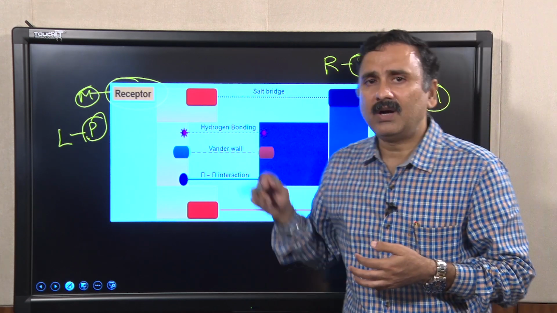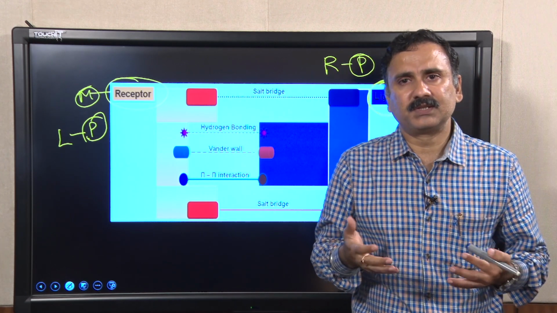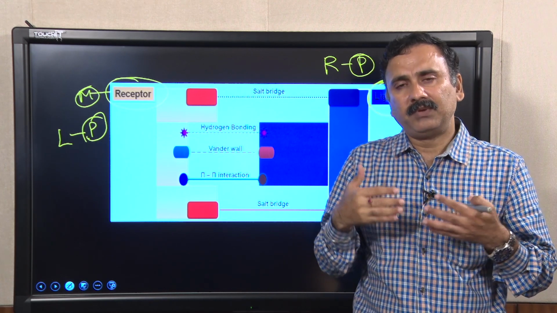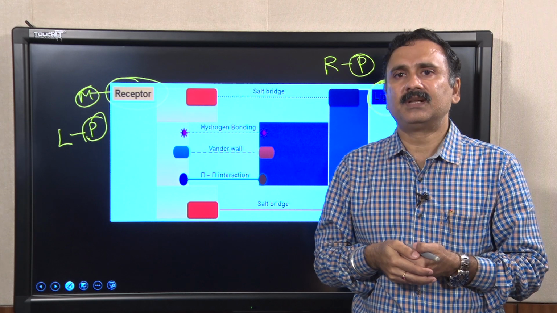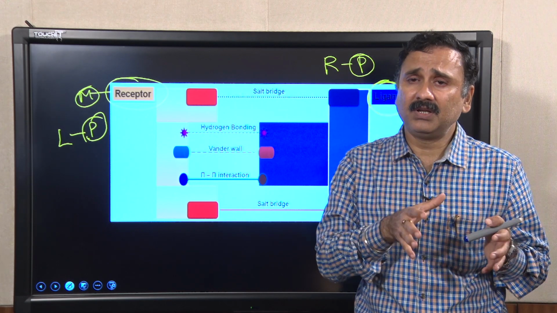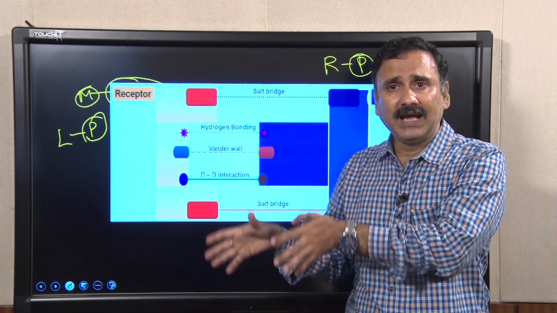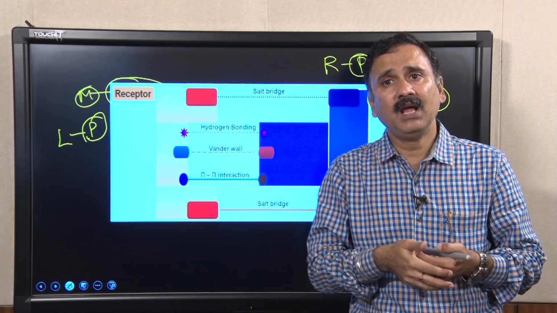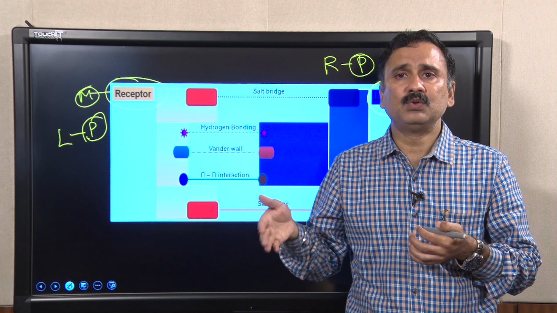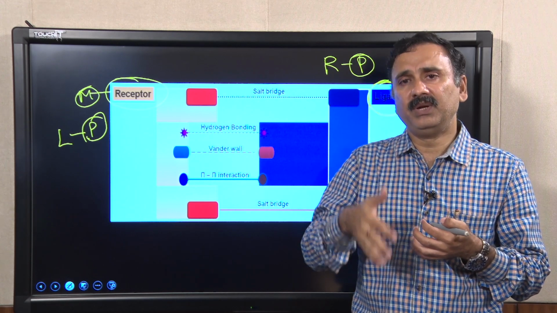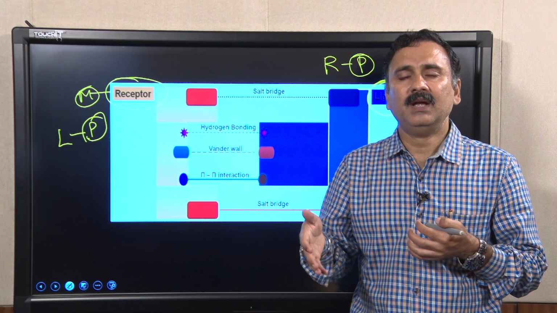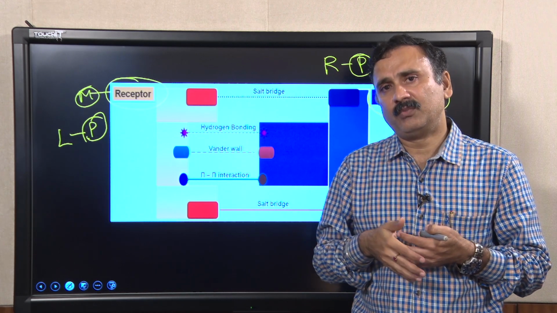This is what we are going to discuss in our subsequent lectures: how to generate the receptor or the ligands, how to couple them to the matrix, and then how to utilize that to purify the analytes by exploiting affinity chromatography.